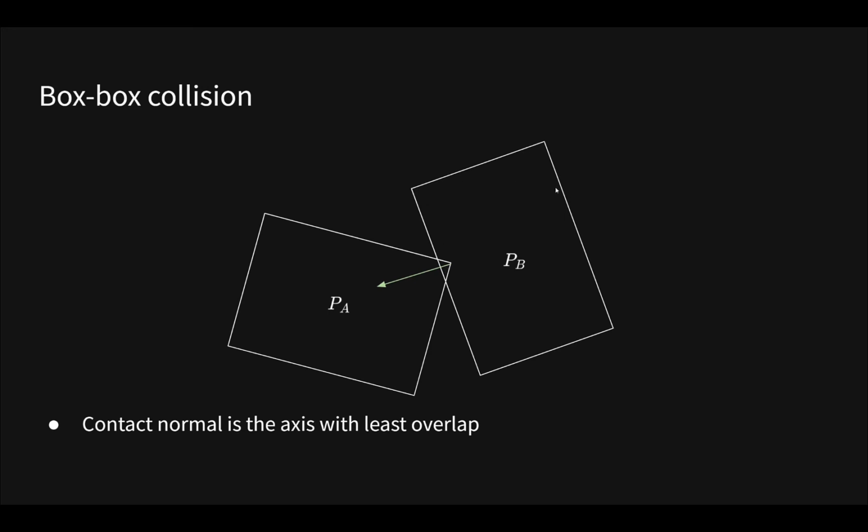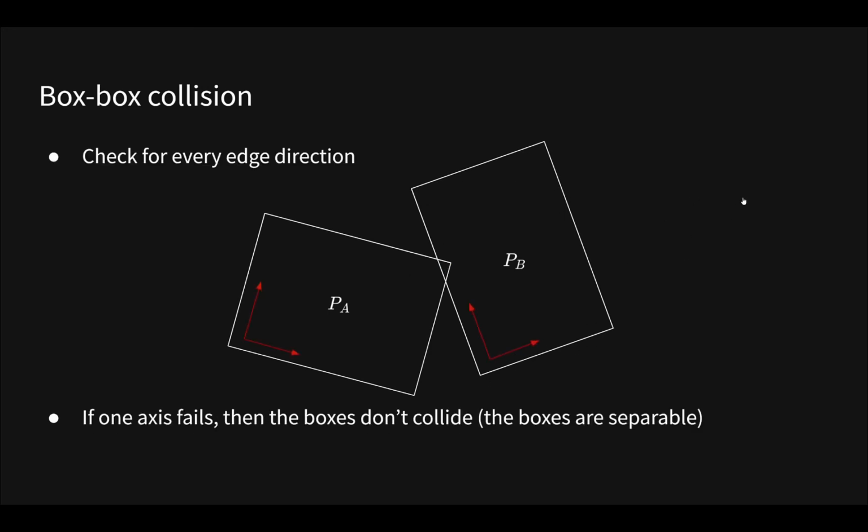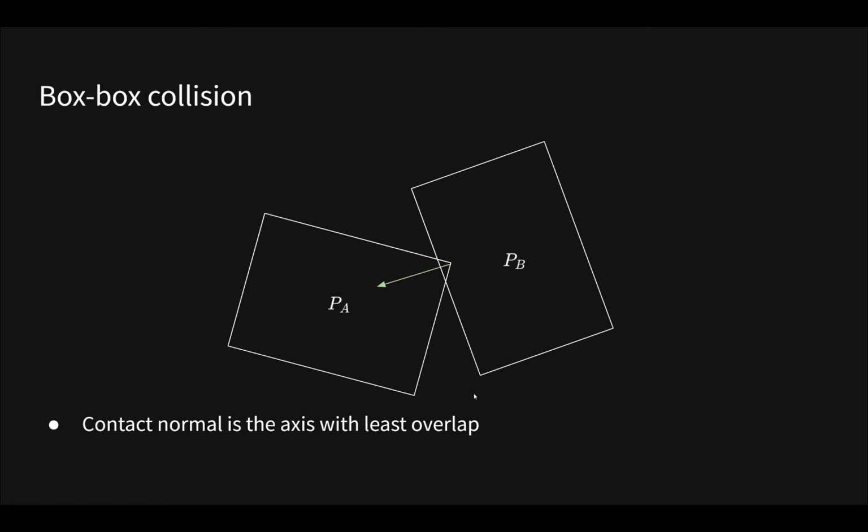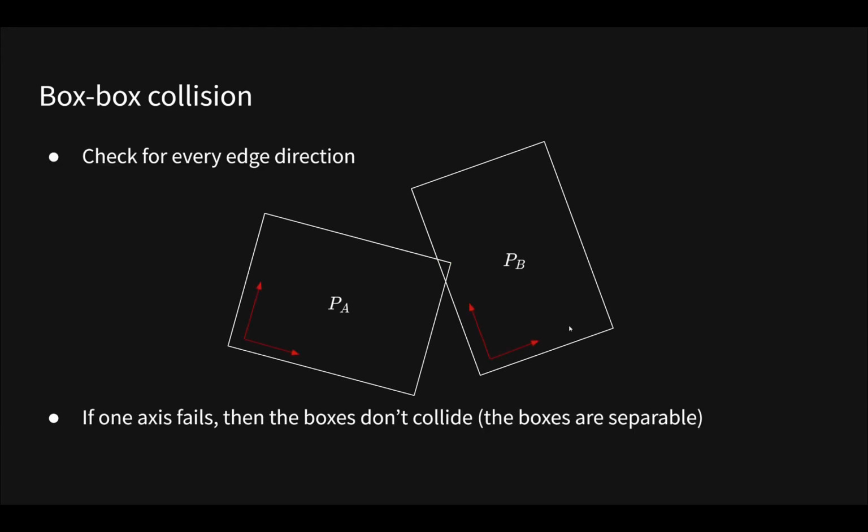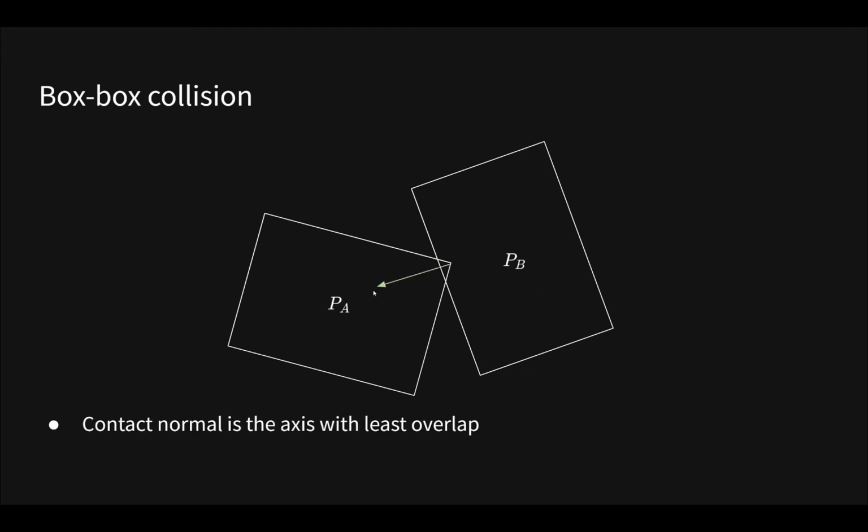In this case, the axis would be this one right here, and if we project down onto that, then this tiny little distance here would be the minimum penetration depth, and so the normal would lie along this edge here.